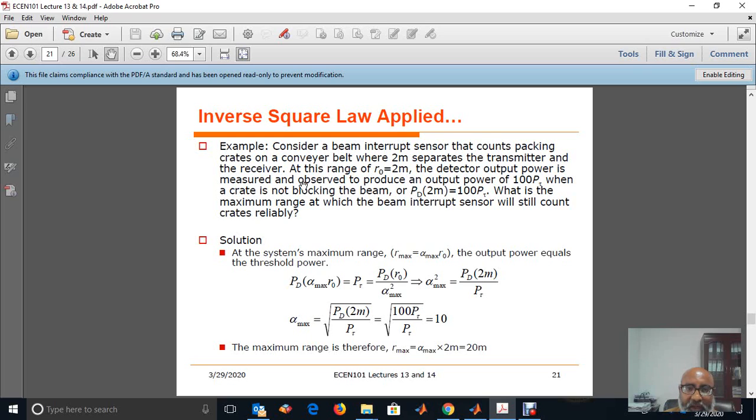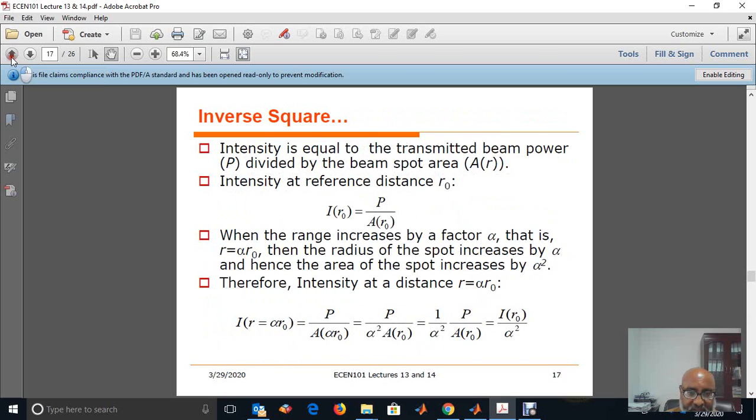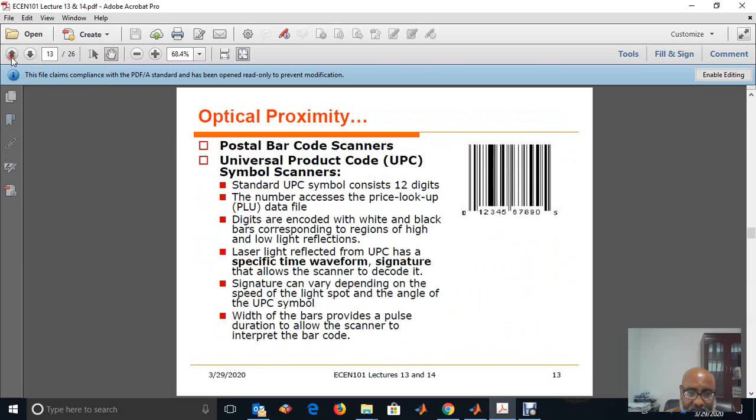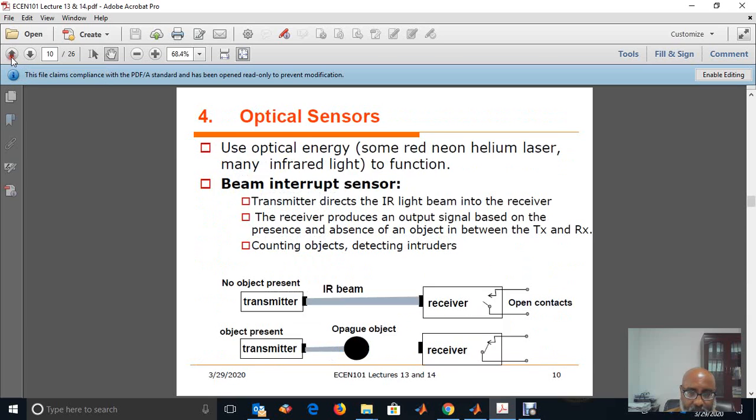Inverse square law applied to a beam interrupt sensor. Let's have a beam interrupt sensor that counts packing crates or packages on a conveyor belt, where 2 meters separates the transmitter and the receiver. Here I have a transmitter, here I have a receiver, and a package is coming in between.